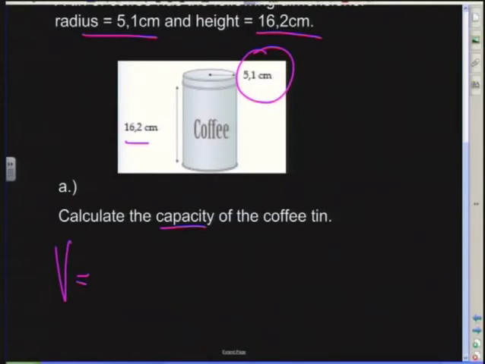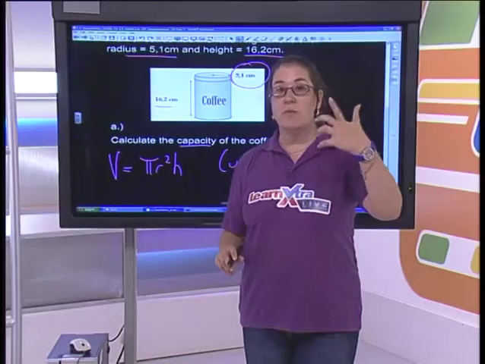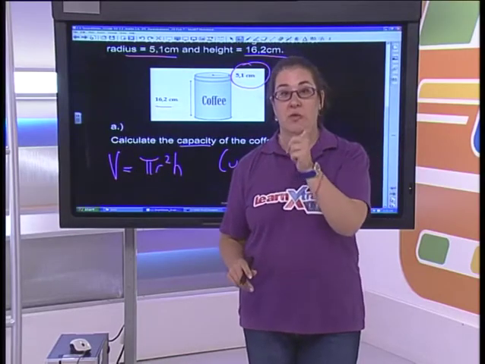It is a cylinder, so my formula, and they will give you the formula, is pi r squared h. And I'm going to use pi equals 3,14. I did that earlier, and I didn't quite explain why. Most of your exam questions say use pi is 3,14.